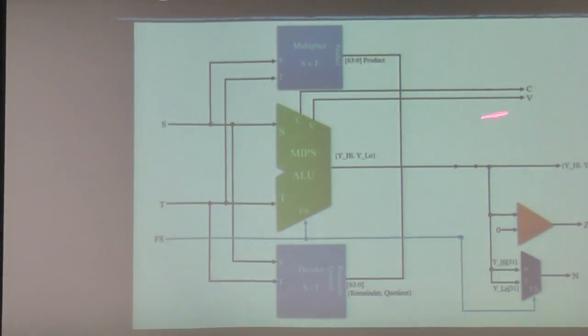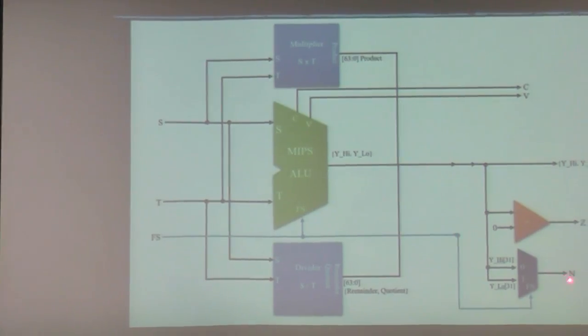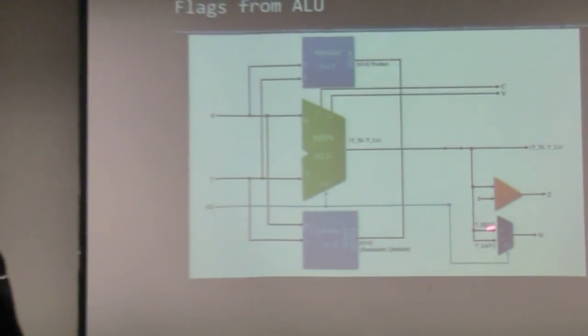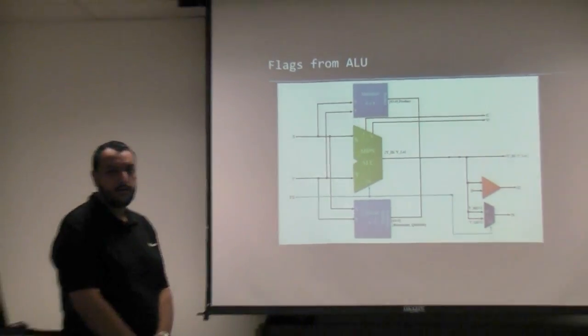Our carry and overflow flags are generated by our ALU. Our 0 flag is generated if our resultant is 0, and our negative flag is set high if our 31st bit of our low or high register are 1.